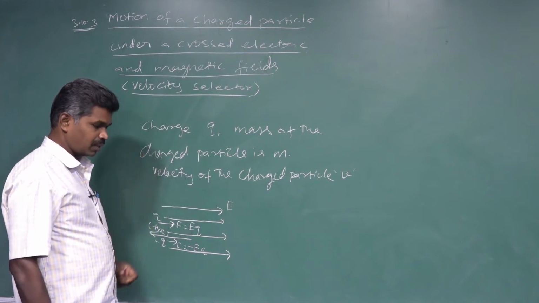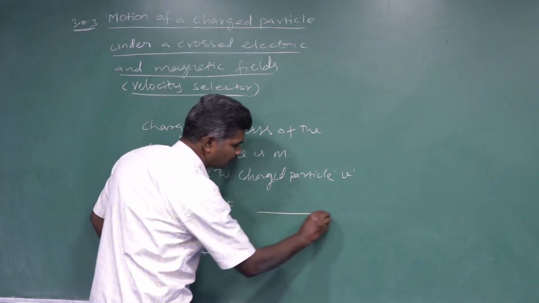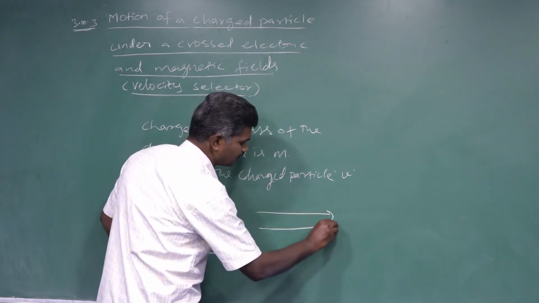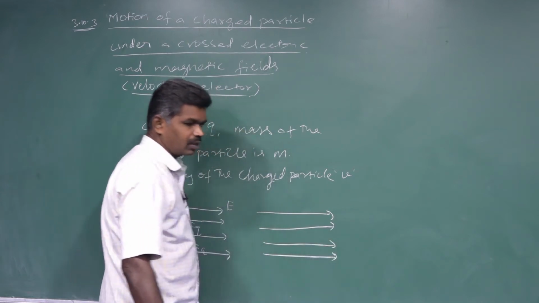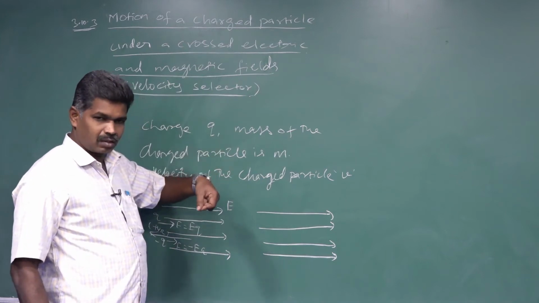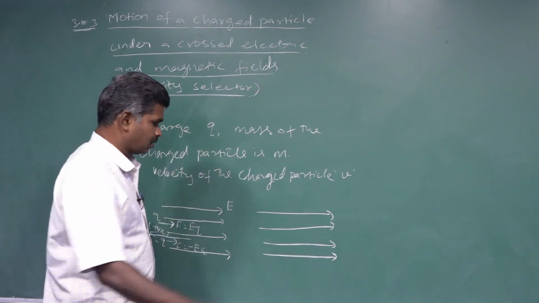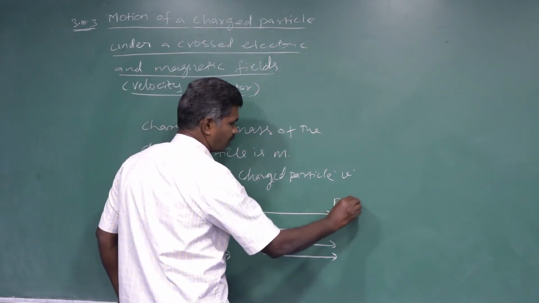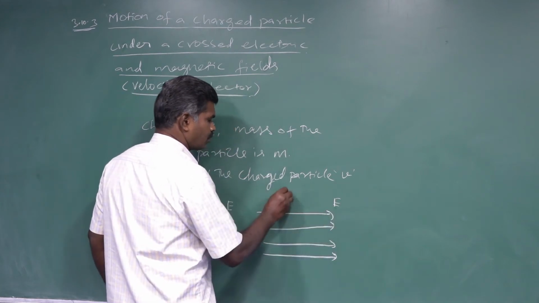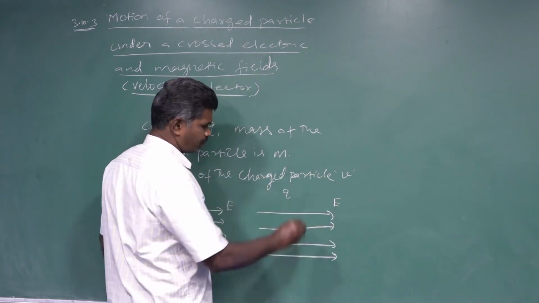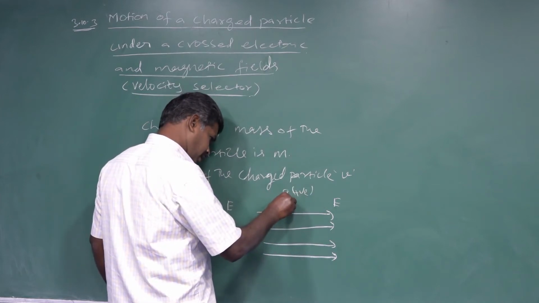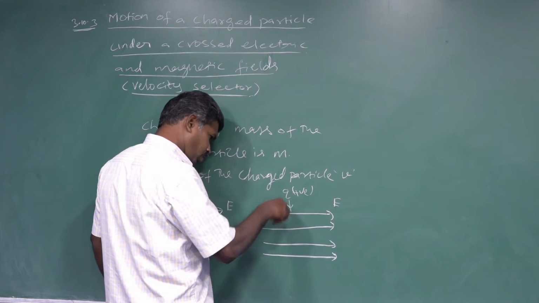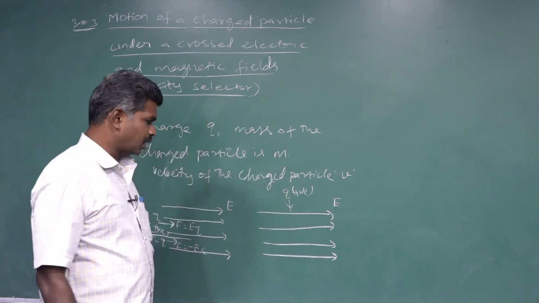Now suppose the same charged particle in the same electric field moves at some other angle, not along the electric field. Suppose Q is positive, and before entering the field it is moving perpendicular to the electric field.